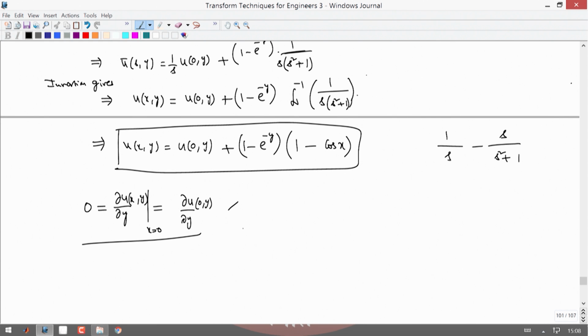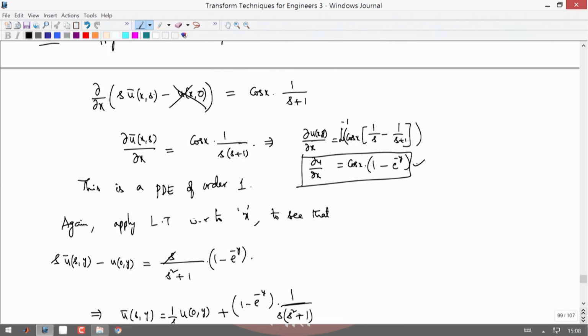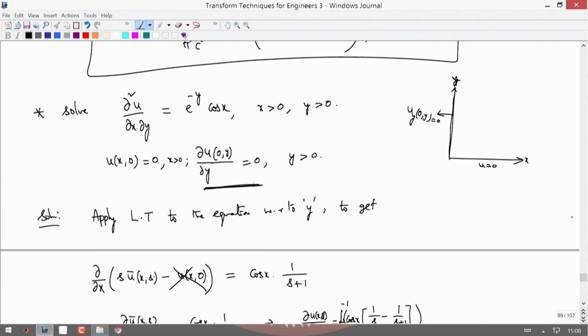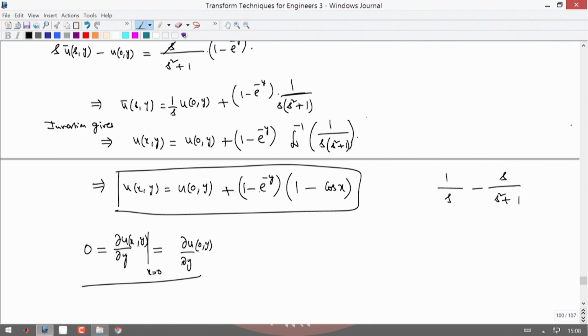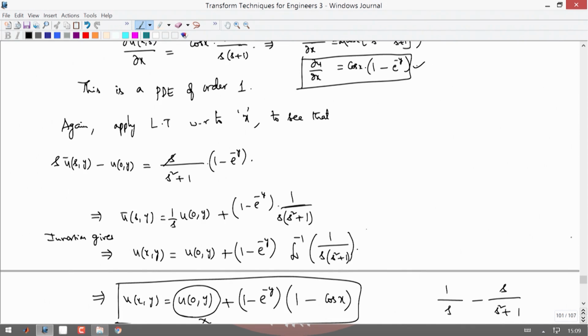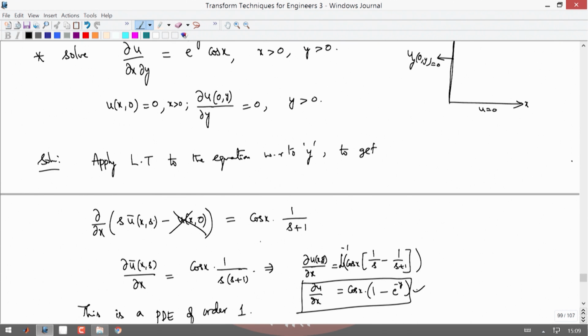If you apply this boundary condition to get back u of (0, y), I still do not get this. So, this implies you still get ∂u/∂y at (0, y) equal to 0, only the initial condition. Not getting your unknown, which is what you need, from this.